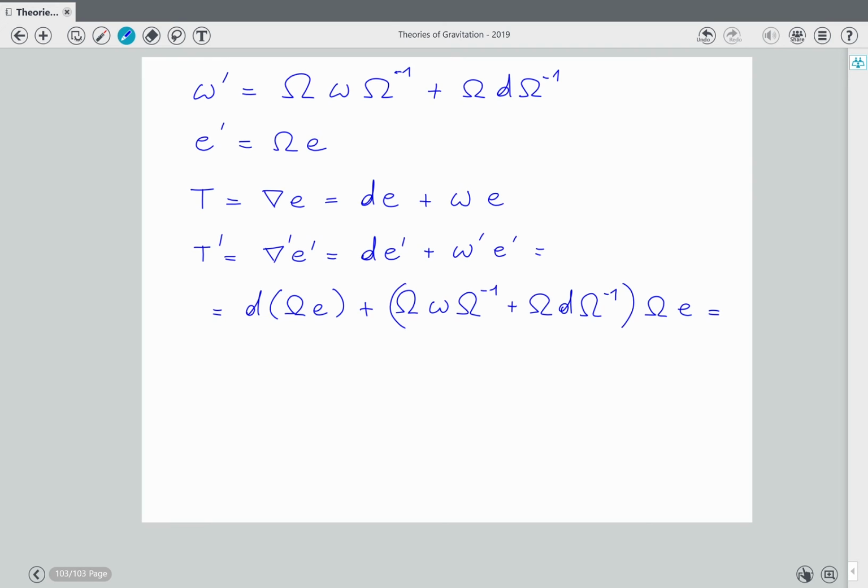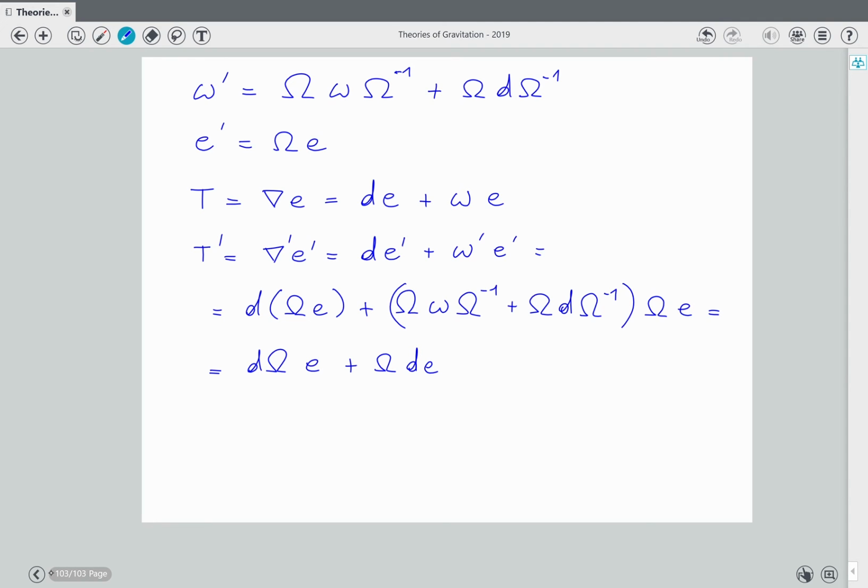Then we apply the rules of the exterior derivative of a function times a form. That's the differential of the function wedge the form, plus the Leibniz rule here applies with no minus sign because you have to cross a form, a zero form. And so you have omega dE.